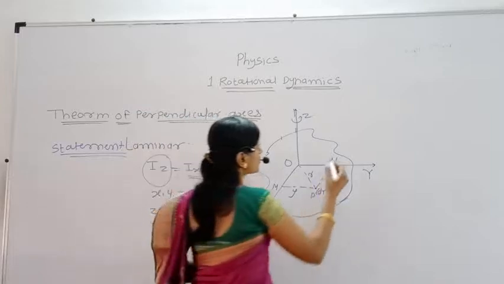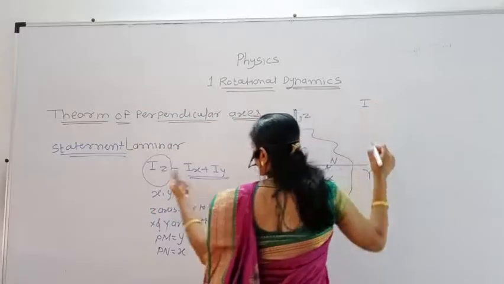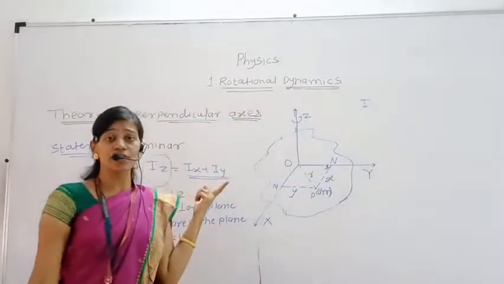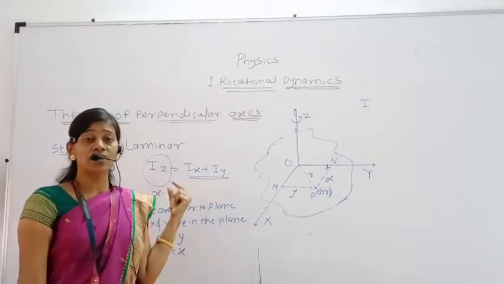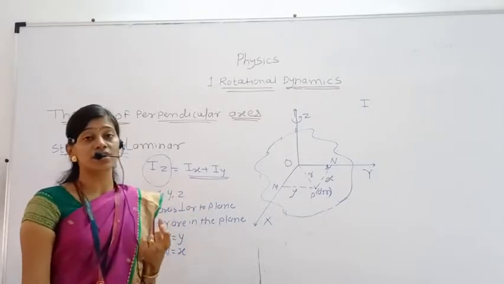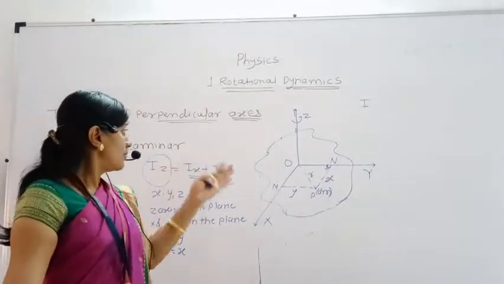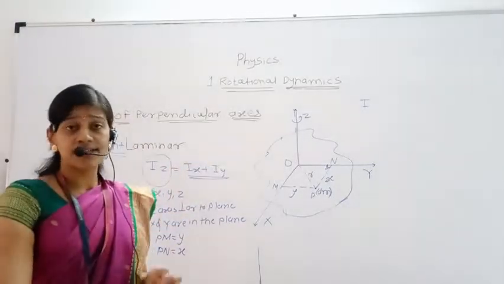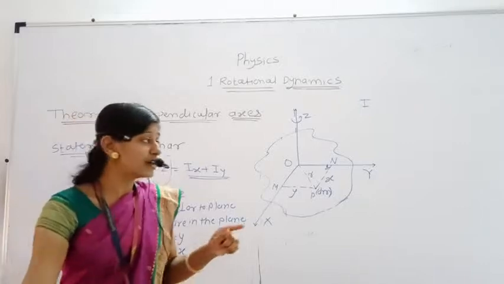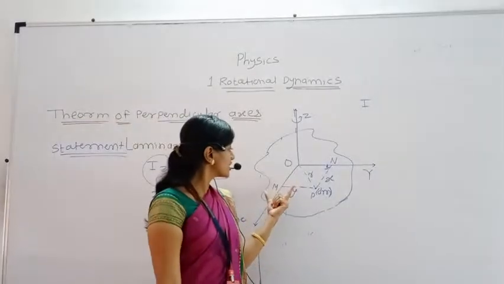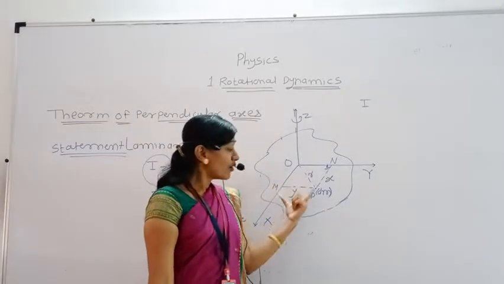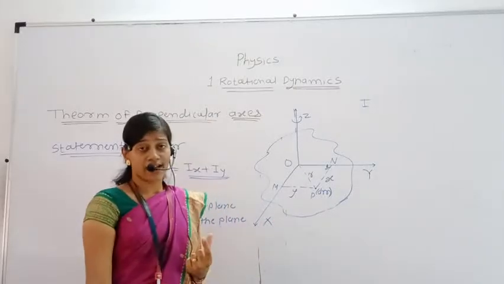Now we have to find the relation. That relation is given; we already learned the statement. What is the statement? The moment of inertia of a laminar body about its perpendicular axis is equal to the sum of the moments of inertia of the body about two mutually perpendicular axes.